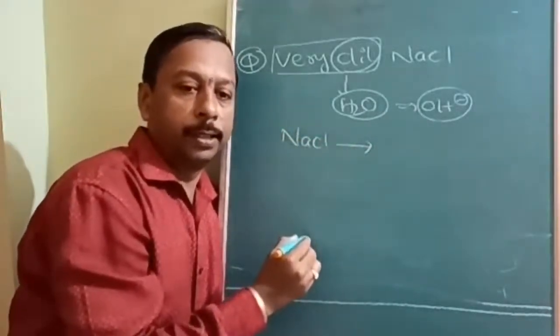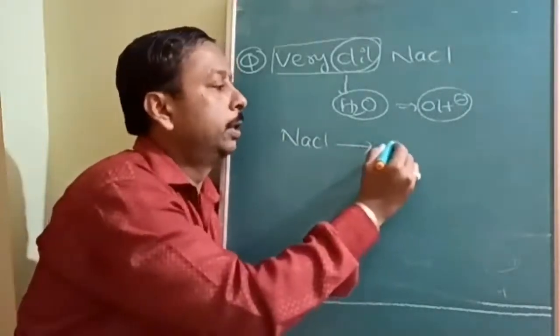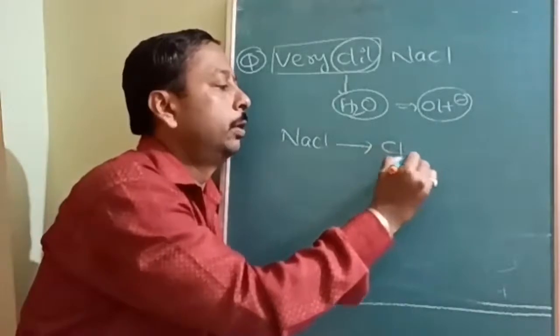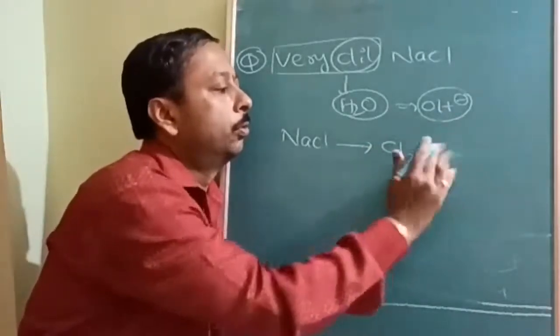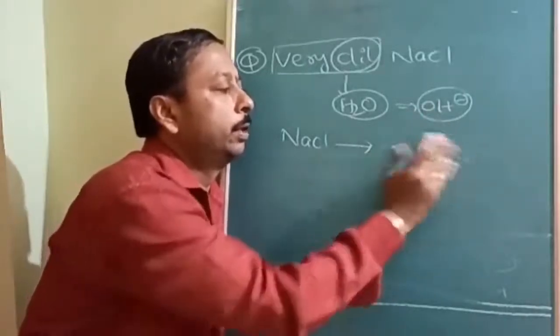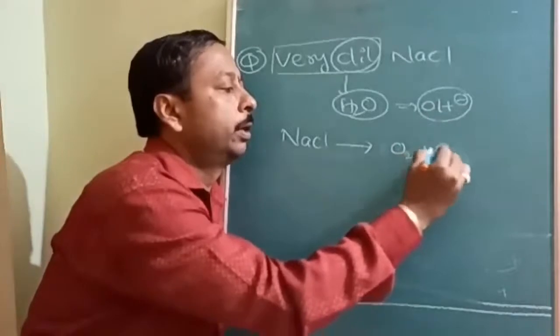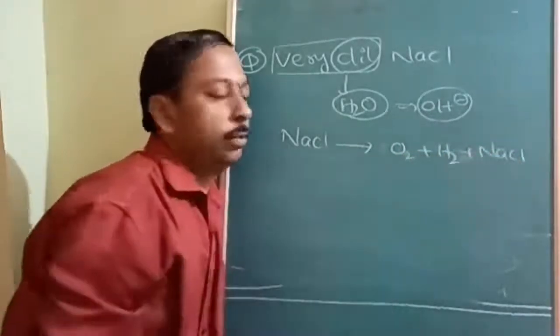If it is mentioned as very dilute NaCl, then what happens? Instead of Cl2, O2 will be liberated: OH minus will be discharged, O2 will be liberated, H2 will be liberated, and NaCl will get concentrated.